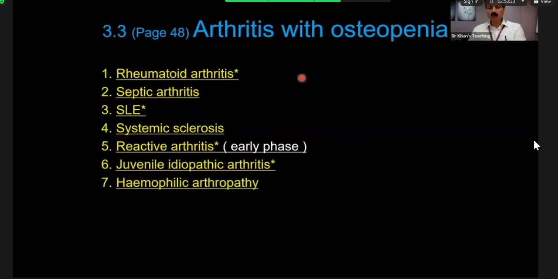So whenever you tackle a film of this kind, you have to tell the examiner it should be one of your pertinent negatives or positives if there is osteopenia or not. Now, these are the arthritides which can cause osteopenia, including RA, septic arthritis, SLE. Look here, this is reactive arthritis, as in CRA, early phase.